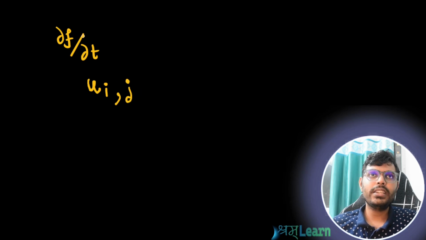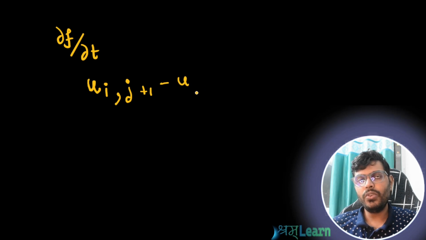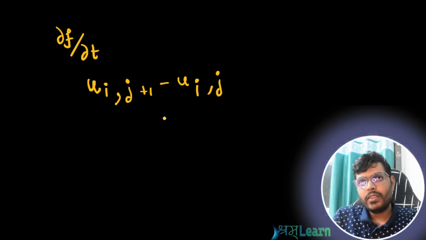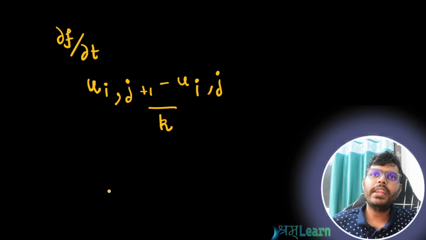J plus 1 of u at the same position j, divided by k, where k is very small.